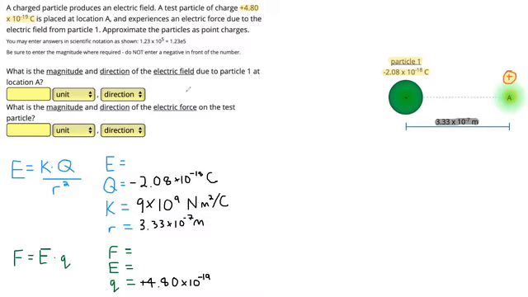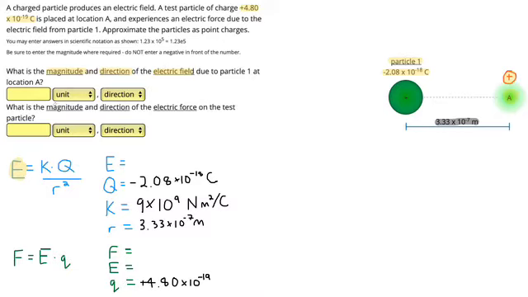Okay, so that's all the information we're provided within the question, and we need to find two things. We need to find the magnitude and direction of the electric field due to particle 1 at location A. So that's going to be the E in our equation. That's what we're looking to find there. And then we'll look at the positives and the negatives to figure out the direction.